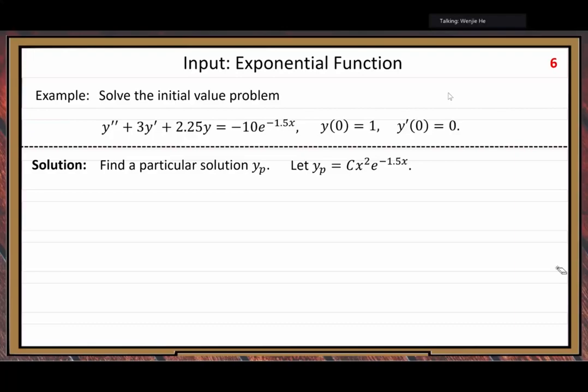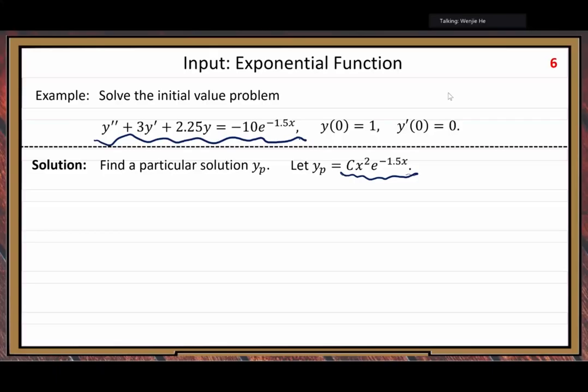So that's the first question to answer. Actually, if you look at the original equation, there is some special property. So what's the special property?